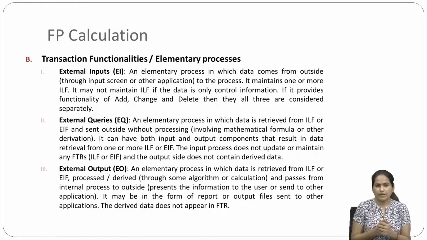And from where can it come? It can come through an input screen or any other application. As the name suggests, it is external input, meaning from somewhere outside it is coming into your process or your system. It maintains one or more ILF.